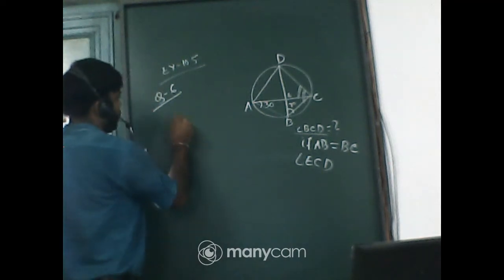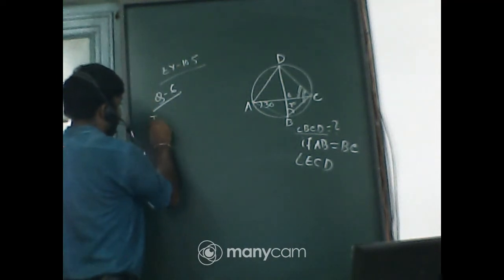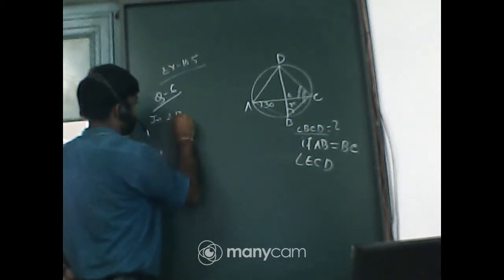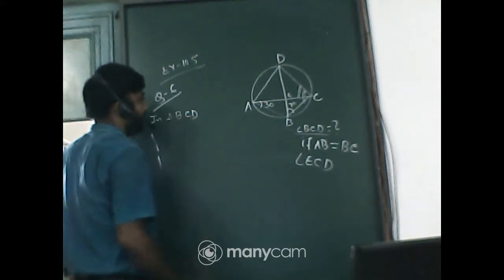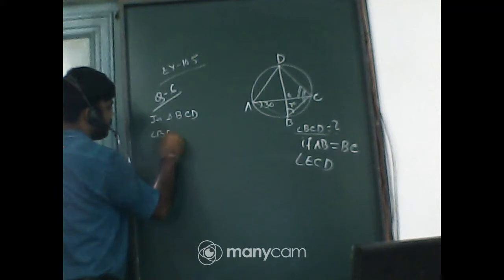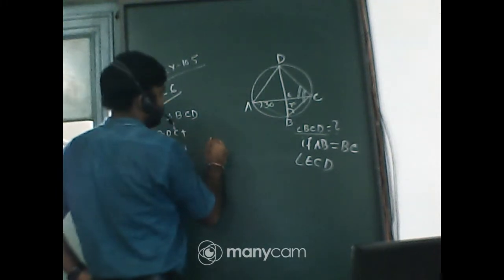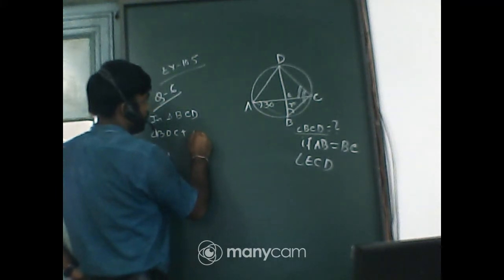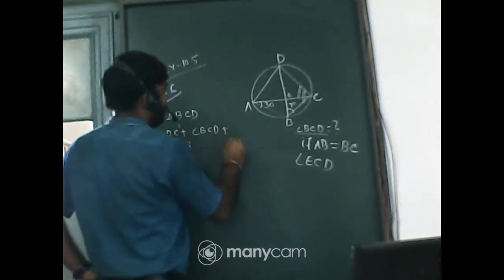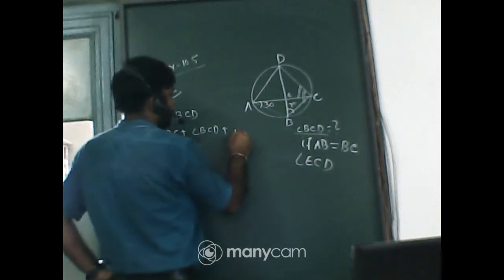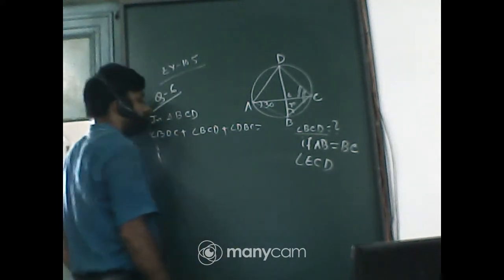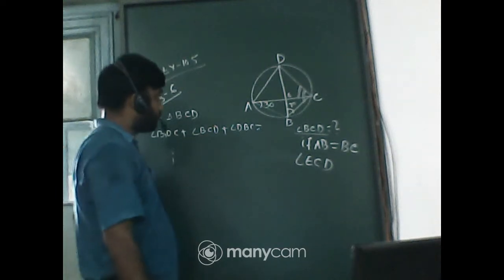So first of all, just think about triangle BCD. What can you say? Angle BDC plus angle BCD plus angle DBC, the sum of 3 angles.